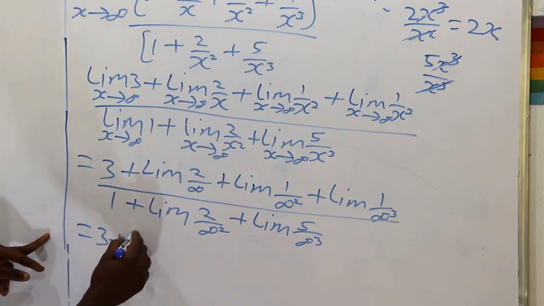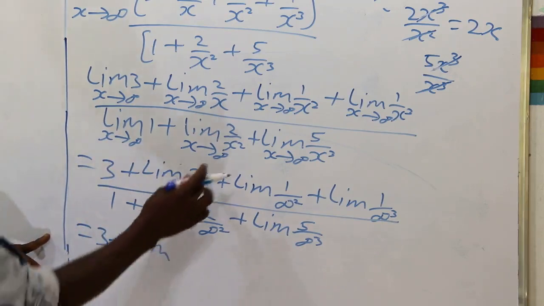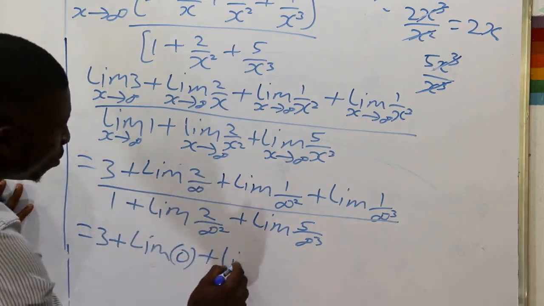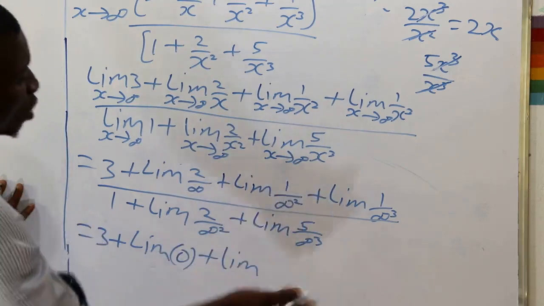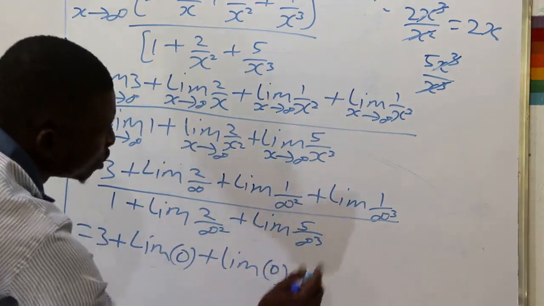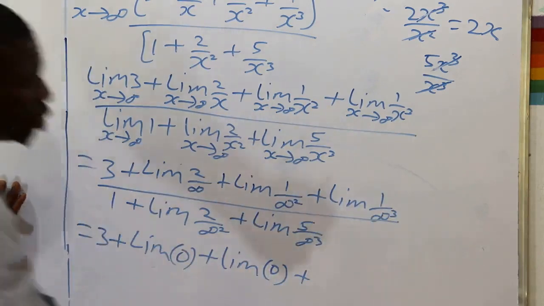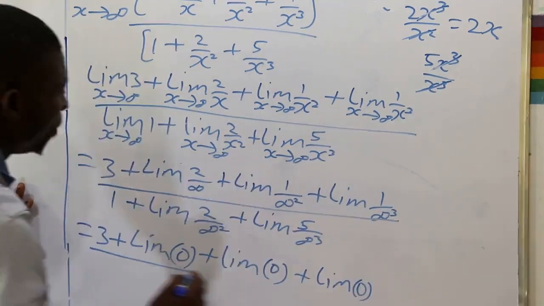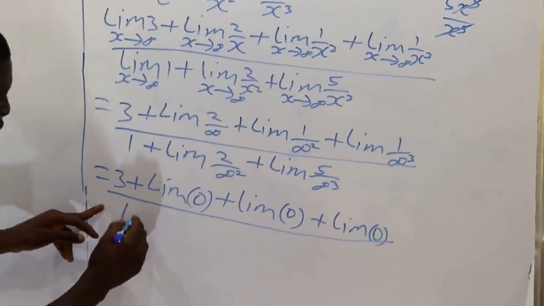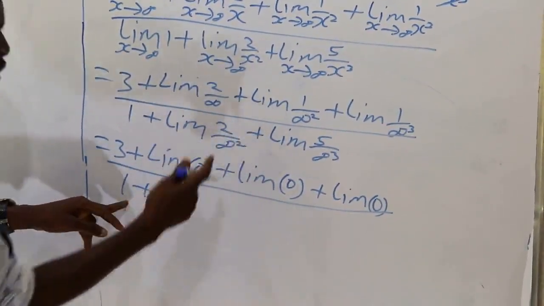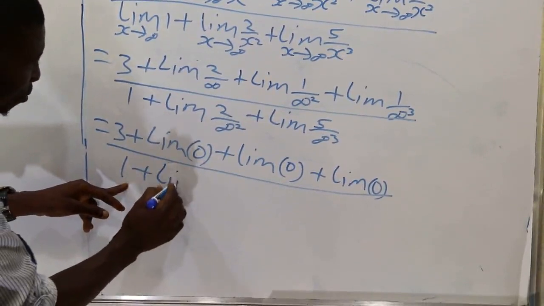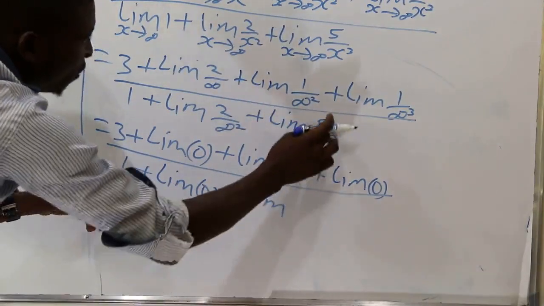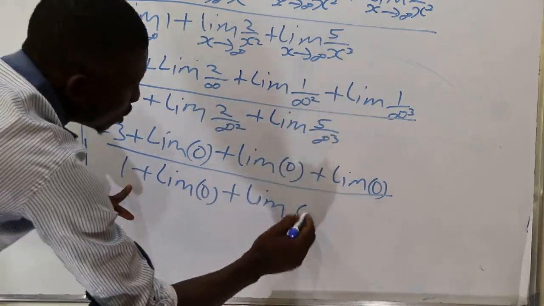Now, our answer equals 3 plus 2 over infinity, which will give us 0. Also plus lim 1 over infinity squared will give us 0, plus lim 1 over infinity cubed will give us 0. Now divided by 1 plus 2 over infinity squared will give us 0, plus lim 5 over infinity cubed will give us 0.